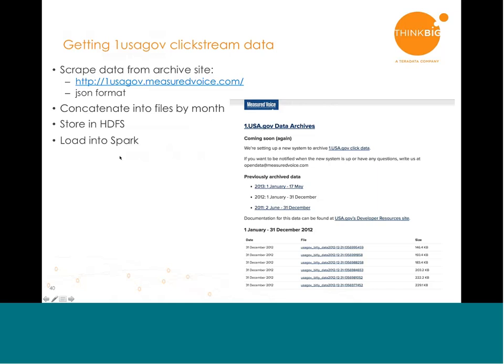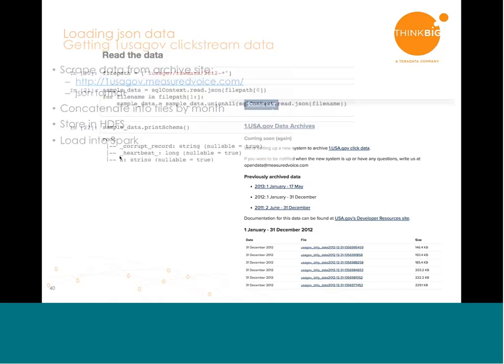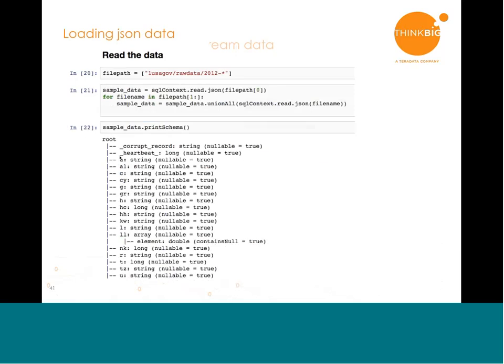To read the data, we point it at a file path. I have multiple files in this path, so I'm going to do a little loop over each of those files in that path and just join them all together using a union all function into my sample data RDD, or data frame. Whenever you see a SQL context, that means you're reading into a data frame.